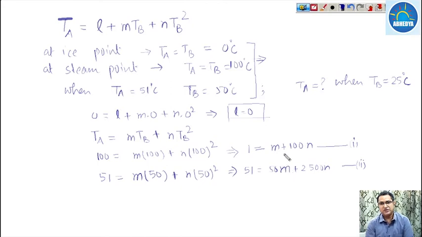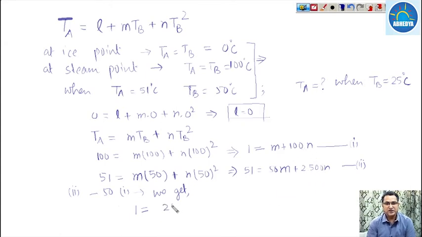So for that, we multiply the first equation by 50 and then subtract it. So we are doing 2 minus 50 times the first equation. We get 51 minus 50, that is 1, is equal to, here it is 50M minus 50M, that will be cancelled out. This is 2500 and this is 50.